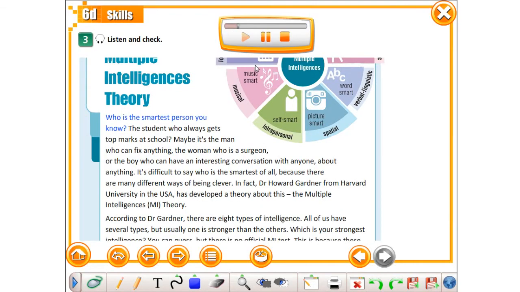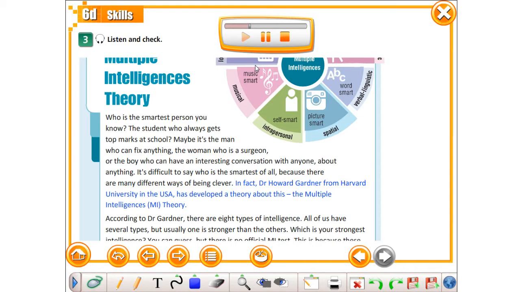Who is the smartest person you know? The student who always gets top marks at school? Maybe it's the man who can fix anything, the woman who is a surgeon, or the boy who can have an interesting conversation with anyone about anything. It's difficult to say who is the smartest of all, because there are many different ways of being clever.